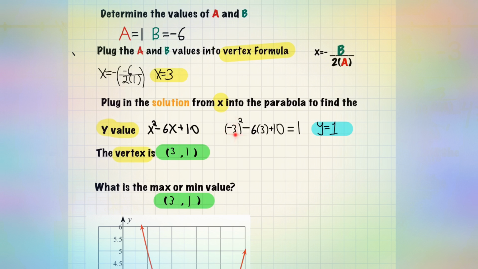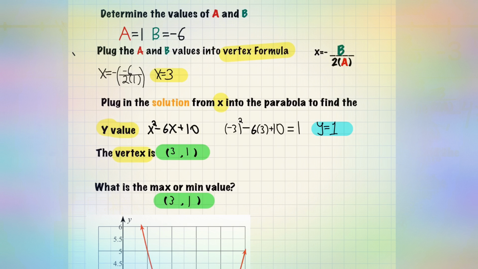This right here actually got messed up, but a negative times a negative is a positive, and a positive times a positive is a positive. So although this is negative 3 here, it still comes out to be the right value here, which is 9. So 9 minus 6 times 3 plus 10.